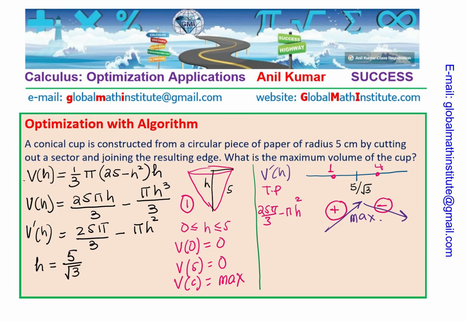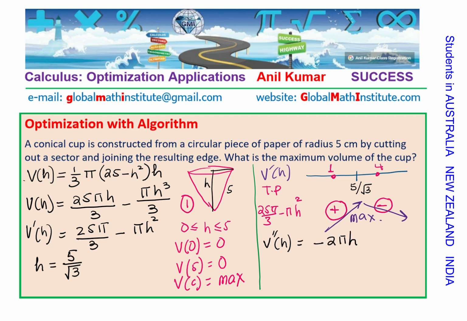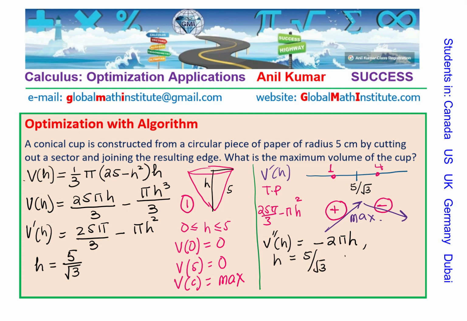We can also use the third method, and that is we can find the second derivative and check whether it is positive or negative at a given point. Now the second derivative will be, 25 pi over 3 is a constant, so its derivative is 0, and then we have minus 2 pi h. Now for h equals 5 by square root 3, we see that the second derivative is less than 0.